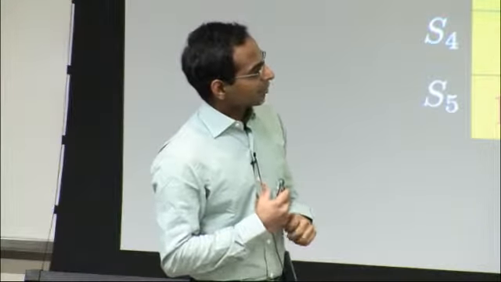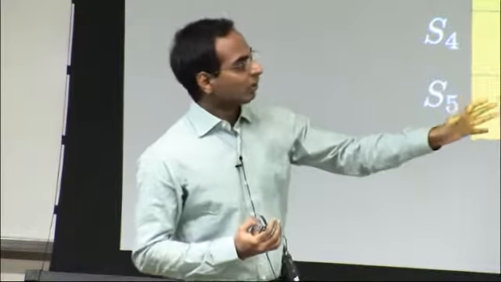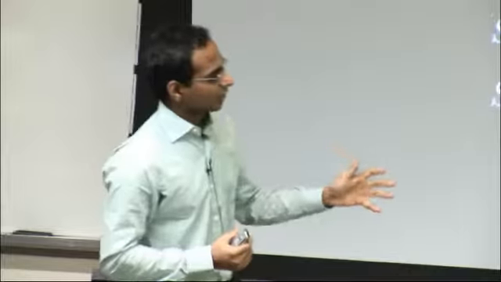Then the discrepancy of the coloring is just the maximum entry in absolute value of the matrix vector product. So you want a plus or minus 1 vector so that the infinity norm of the matrix vector product is not too large.